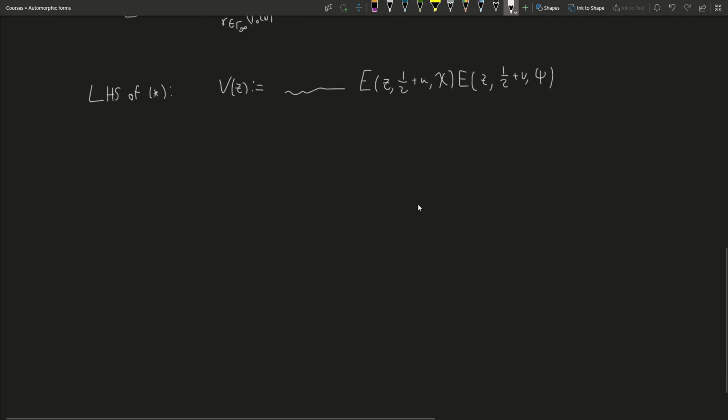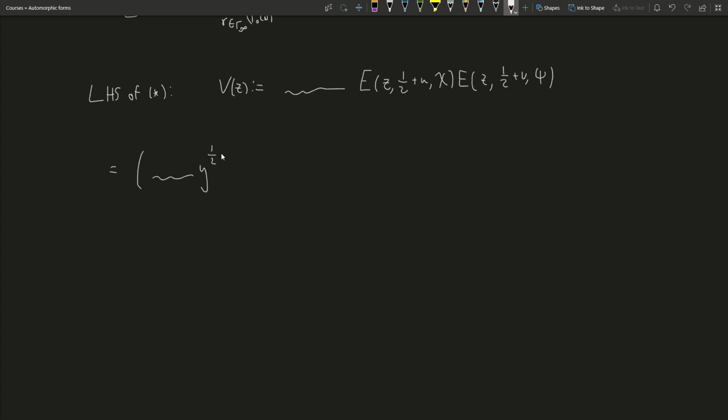And so these factors in front, these are essentially going to be the factors that complete these Eisenstein series so that they have a nice functional equation. And that's going to mean that this function v has a Fourier expansion. And the Fourier expansion is going to look like, okay, something in front of this constant term.